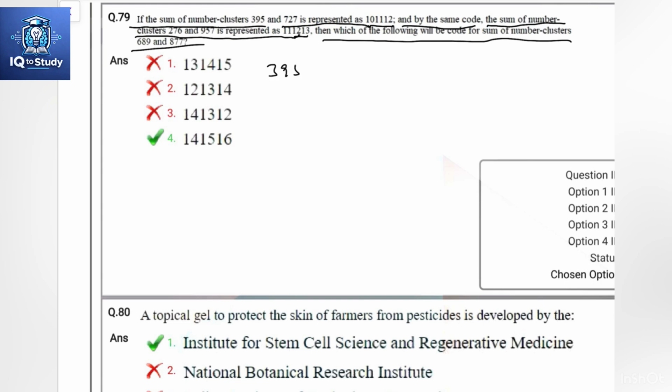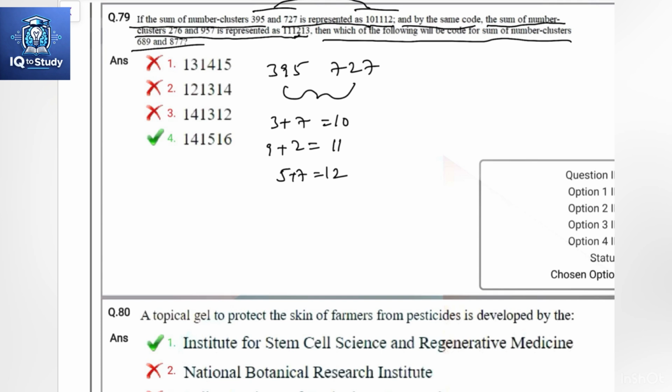Here the logic is: 395 and 727 means 3 plus 7 which is 10, 9 plus 2 which is 11 and 5 plus 7 which is 12. So this can be coded as 101112.